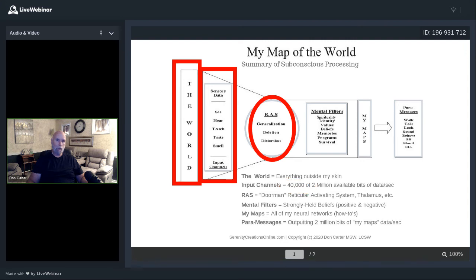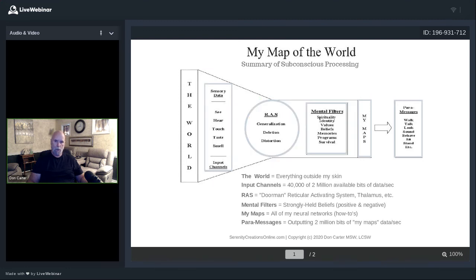That's up to the doorman of the subconscious mind, the reticular activating system, because he has a flip chart or a clipboard. And that clipboard has names on it. And if those names fit with the experience trying to get in, then it will be allowed in if it fits those mental filters. Now, let me make this a little bigger and we'll take a better look at it.